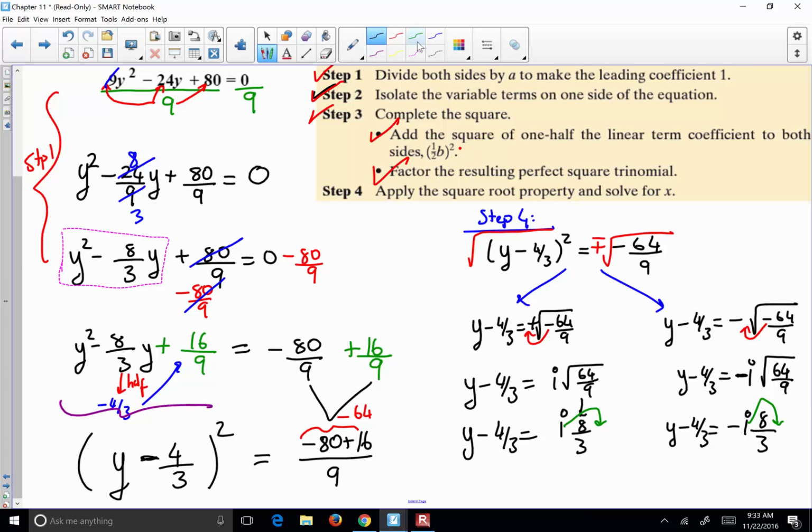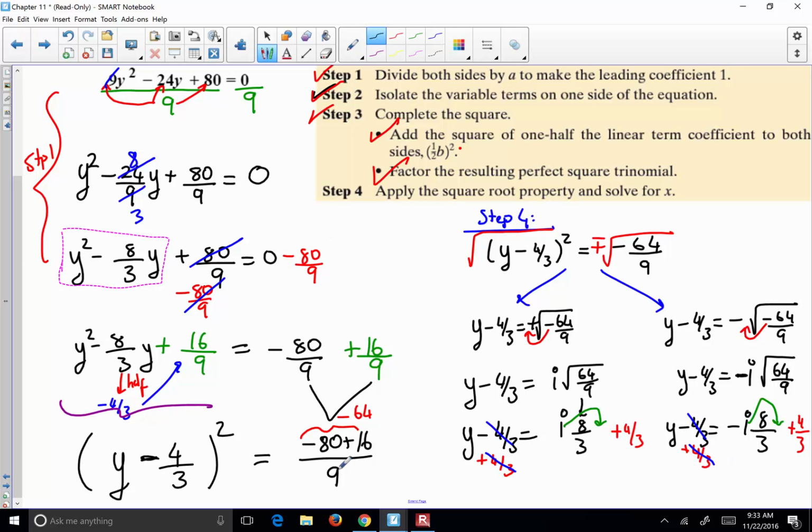Next, we have one more thing to fix. This 4/3 must cancel out from the left side, because we need to get y by itself. I need to get y by itself, so I'm adding the opposite of this number to both sides, so we can have these two canceled.